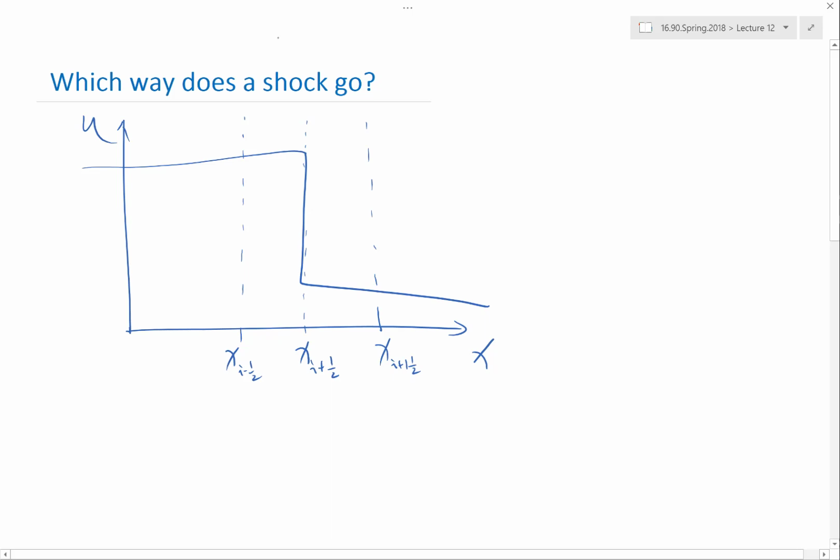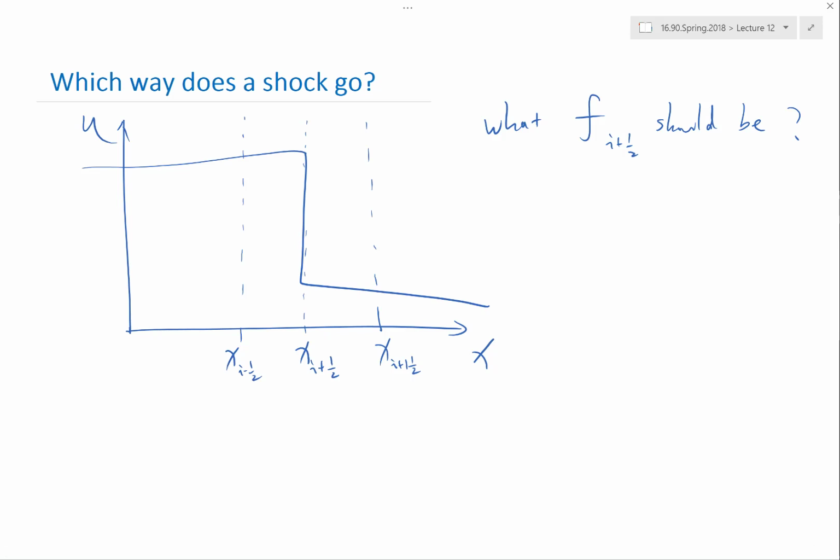So the question is, what should F_{i+1/2} be? Well, here, because I have a discontinuity, my left cell value, which is u_i, and right cell value u_{i+1} can be very different, right?